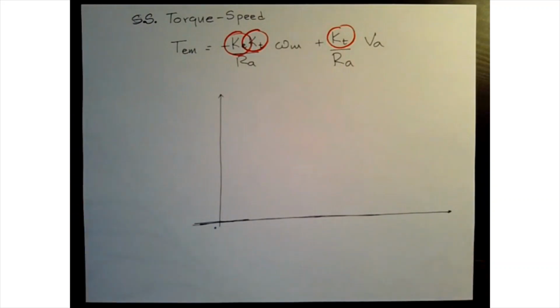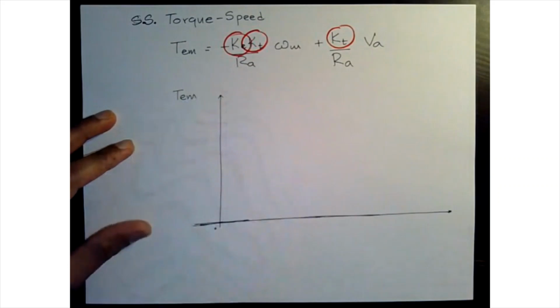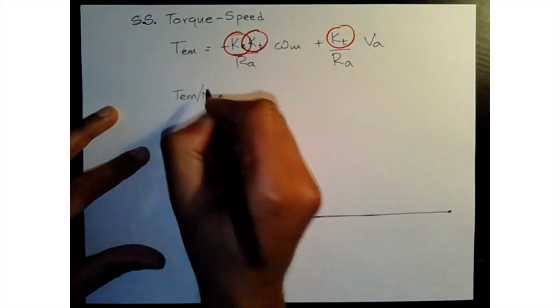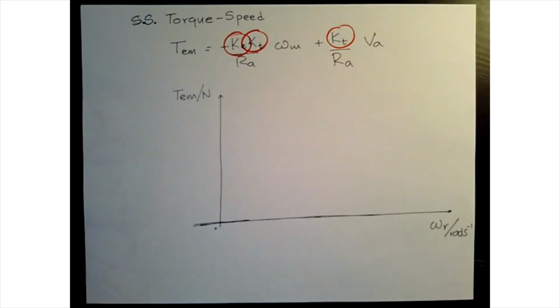Now, we also talked about our torque speed characteristic curves. When we look at the torque speed profiles, we have certain limitations. So let's say this is our electromagnetic torque in newtons. This is our motor speed in radians per second. Depending on the thermal capability of the motor, we draw a boundary. We called it a safe operating region for the DC motor.